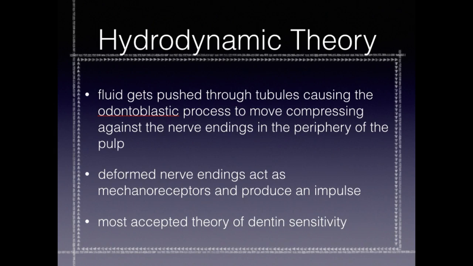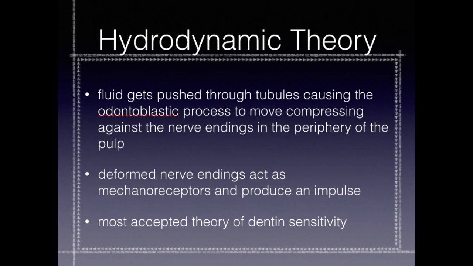That leaves the third, the hydrodynamic theory, which is the most plausible and accepted theory of dentin sensitivity. When we look at the tubules of dentin once they are exposed, let's say from toothbrushing away enamel at the cervical area, or fractures or anything like that, those tubules are now little holes, and fluid can be pushed into the tubule, causing the odontoblastic process, which extends from the cell body, to move against the nerve endings in the periphery of the pulp.